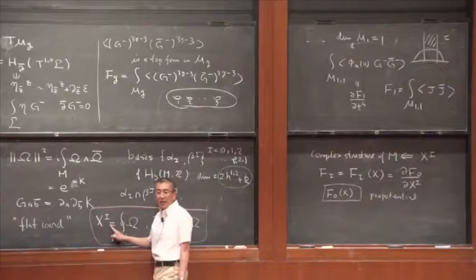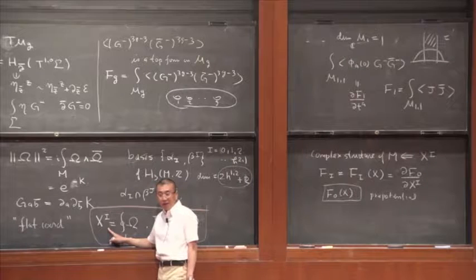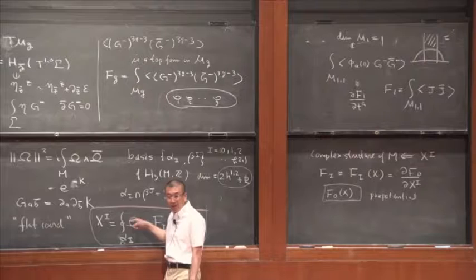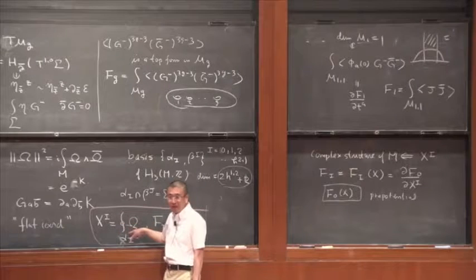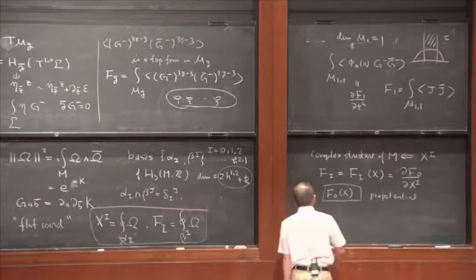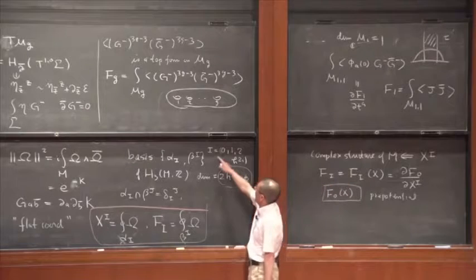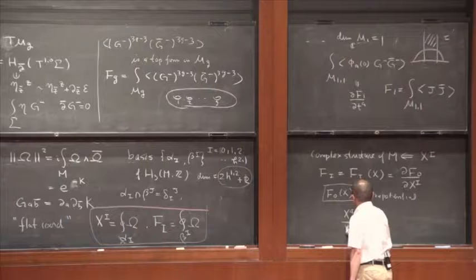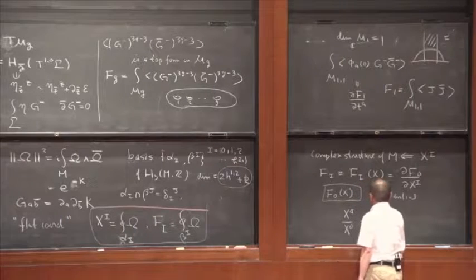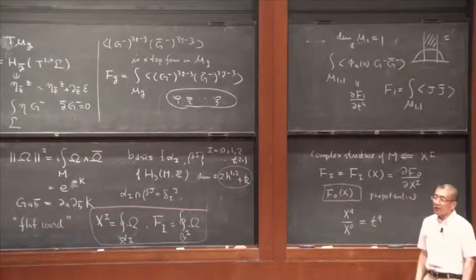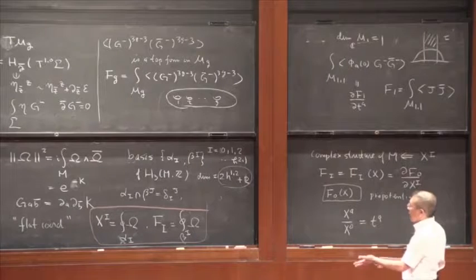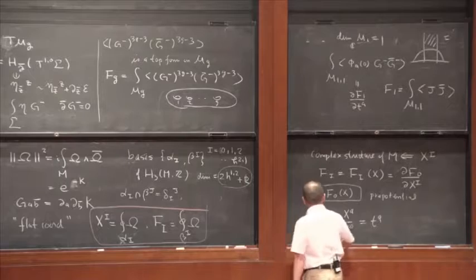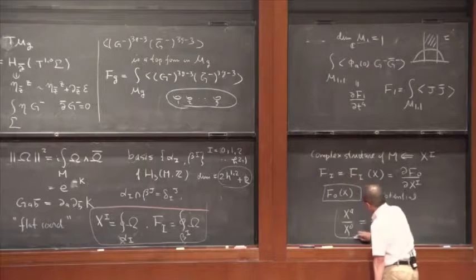As I said, x determines the complex structure, but there is a redundancy in the description because you can rescale omega and you get the same complex structure. So you can take the ratio: you pick some particular direction you like to be x naught, take the ratio with that, and call that TA. Okay? And very often you have a natural choice for x naught, and so that gives you the flat coordinates.